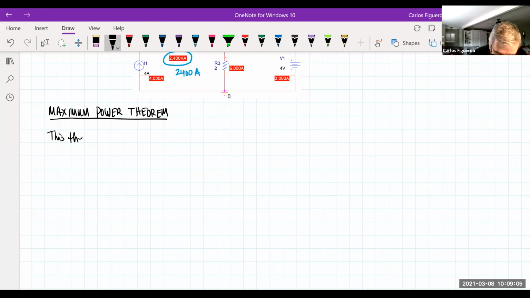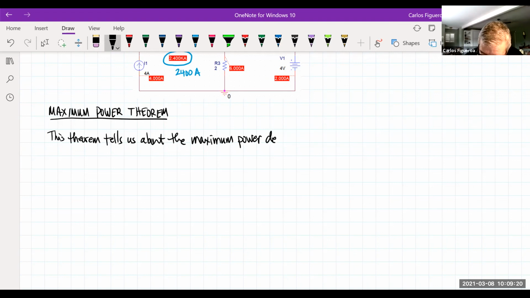This theorem tells us about the maximum power delivered to a load. It doesn't have to be a resistor, okay?